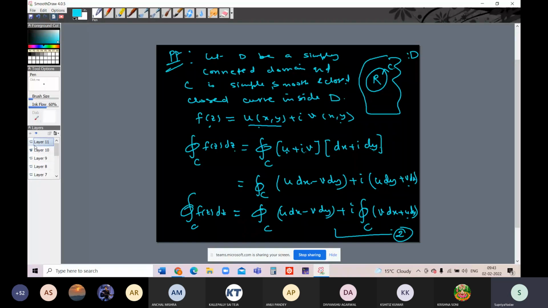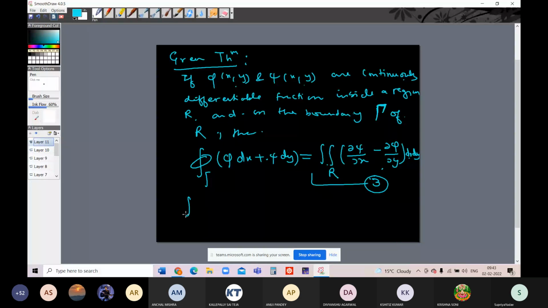पहले हम इस इक्वेशन को वहां लिख लेते हैं. Equation 2 was the integral of f(z) dz is equal to the integral of u dx minus v dy plus iota times the integral of v dx plus u dy.